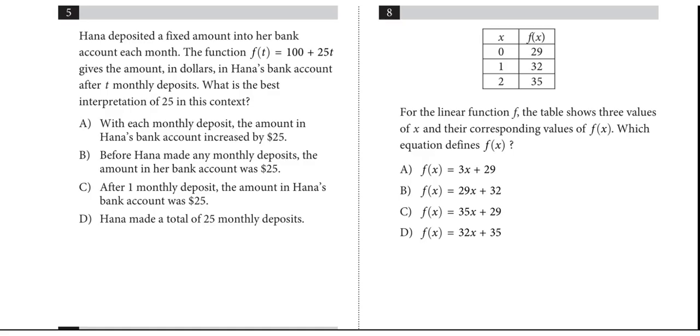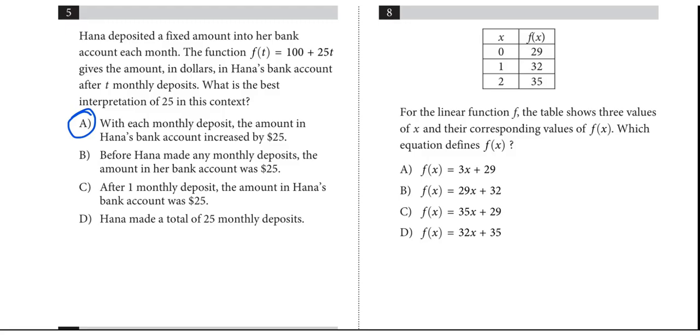What is the best interpretation of 25 in this context? Option A says, with each monthly deposit, the amount in Hannah's bank account increased by $25. That is the answer to the question, because every month Hannah deposits $25 into the account.